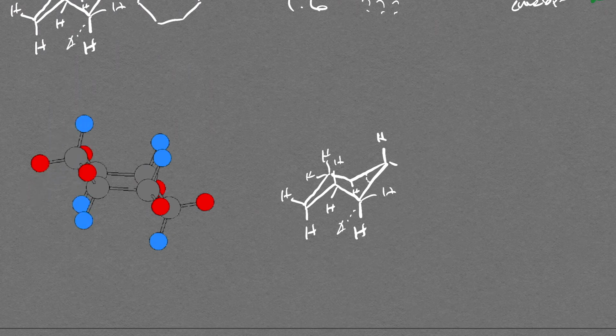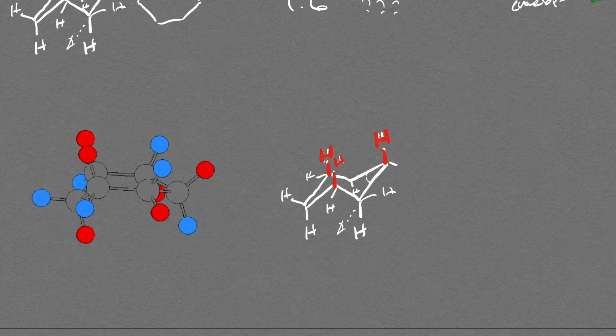You have some configuration where you have hydrogens that start up, essentially pointing straight up. You can see the way I've drawn it, you've got hydrogens that stick straight up. And you've got hydrogens that essentially stick straight down as well.